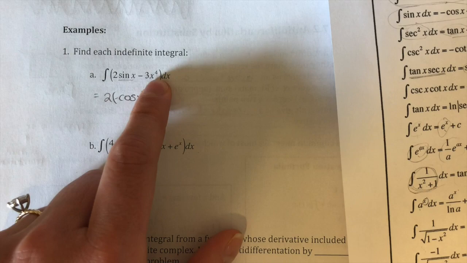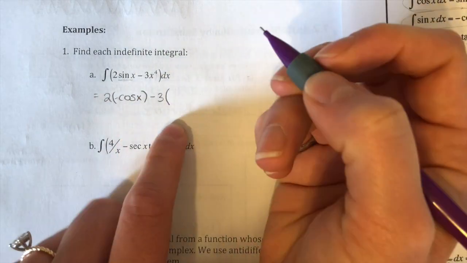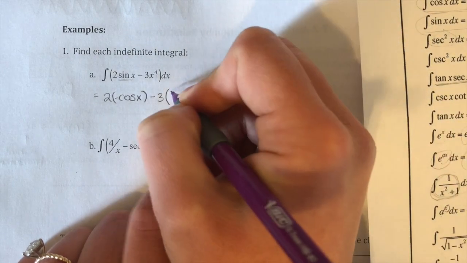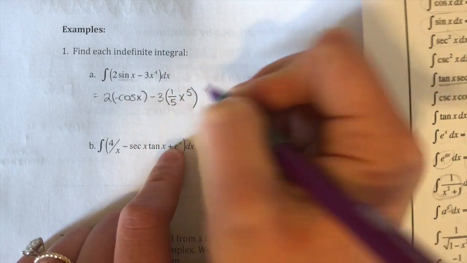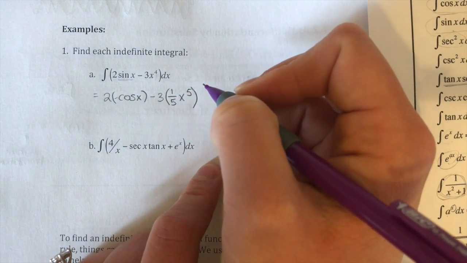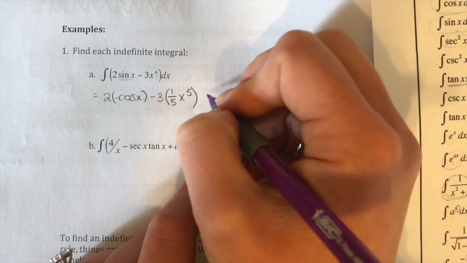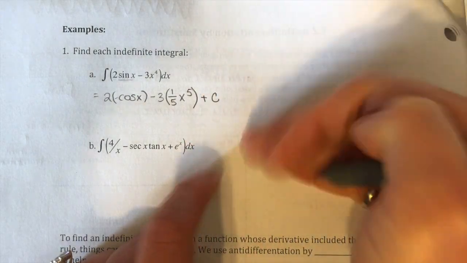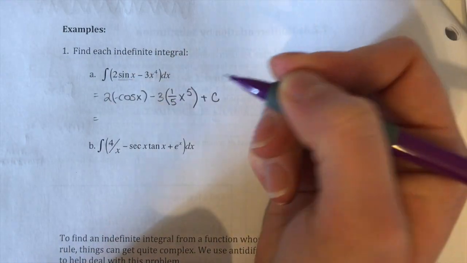And then when we have an x to the 4, remember that the antiderivative would have started as a 5. And then that 1/5 is going to have to be there for when that 5 comes down to multiply. Then we add that constant, that's that shift between all of these functions that could exist.